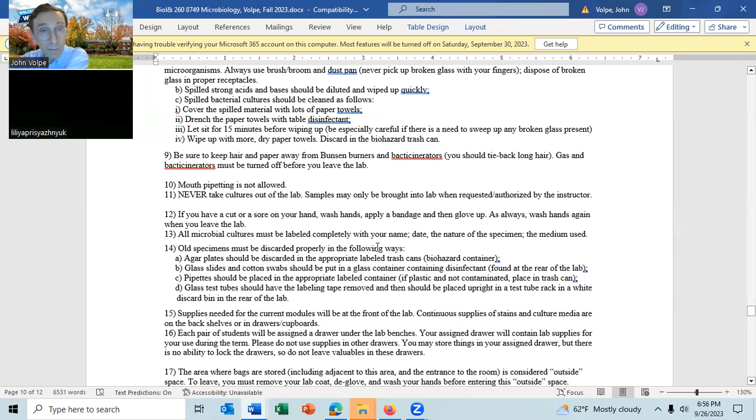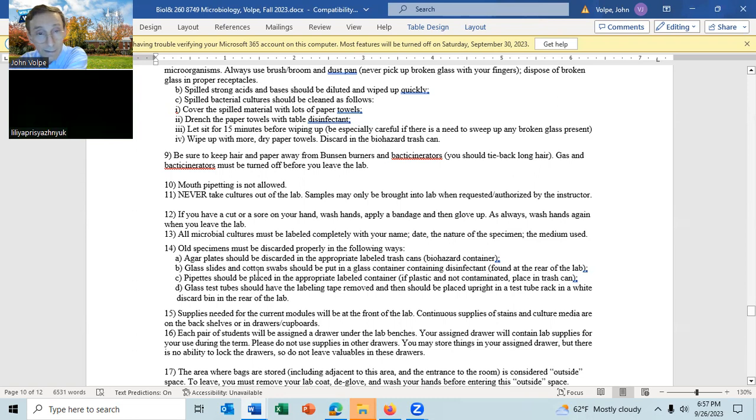Old specimens should be discarded properly. Agar plates will be a plastic plate, and they should be discarded in the biohazard container. Any material that's paper or plastic that has bacterial contaminants in it should also go in the biohazard container. Glass slides should not ever, and no glass should ever go in the biohazard container.